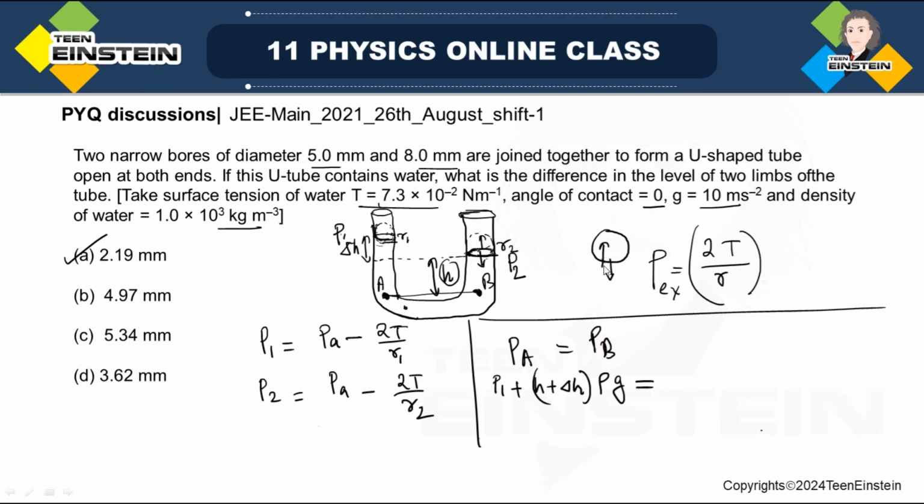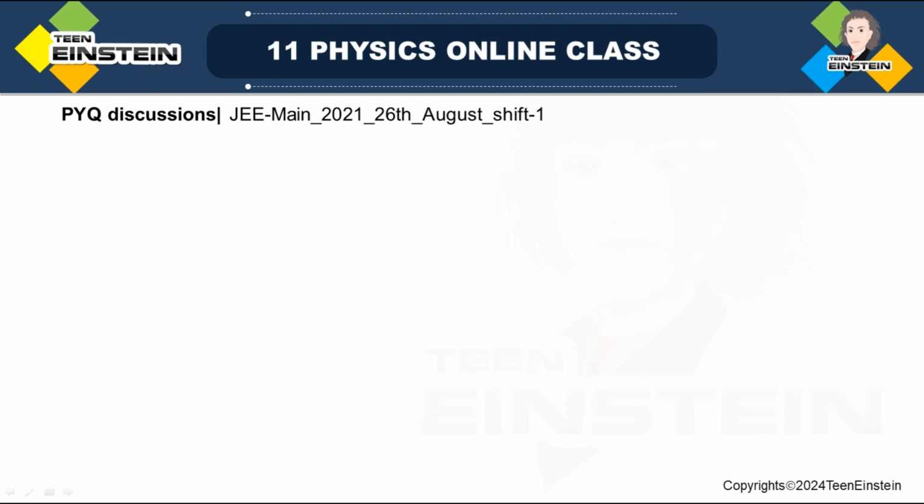PB pressure will be P2 plus H rho G. Now I'll go to the next page and show you. P1 plus H plus delta H rho G is equal to P2 plus H rho G.